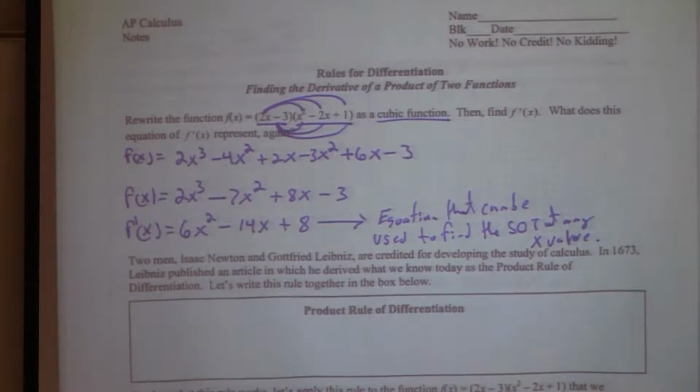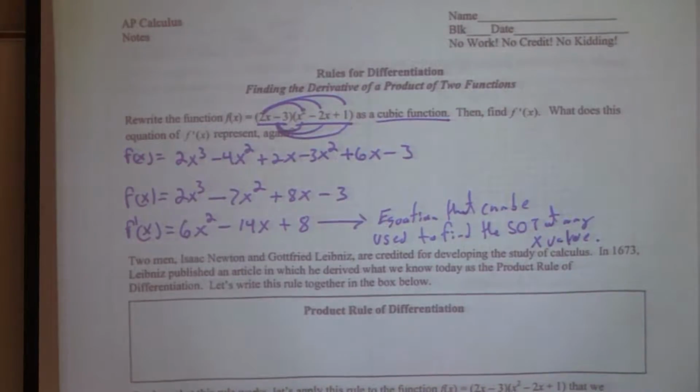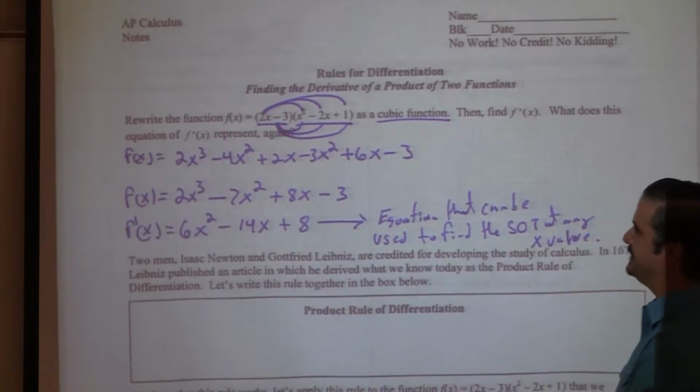For what function? For f of x, the one that they originally gave us. Remember that? So it's an equation to find the slope of any tangent line at any particular point on the curve f.